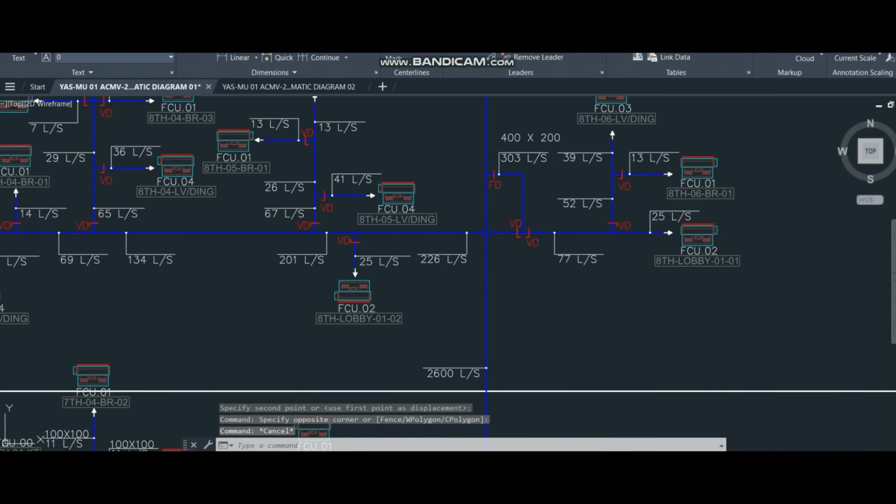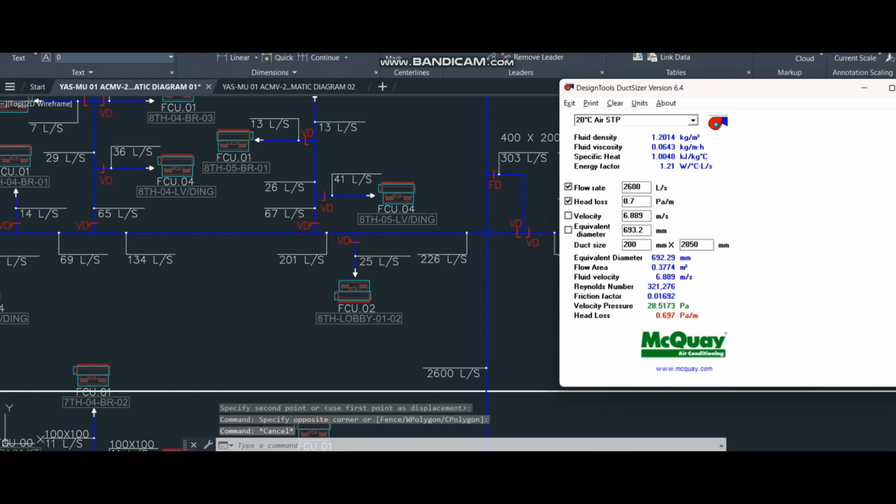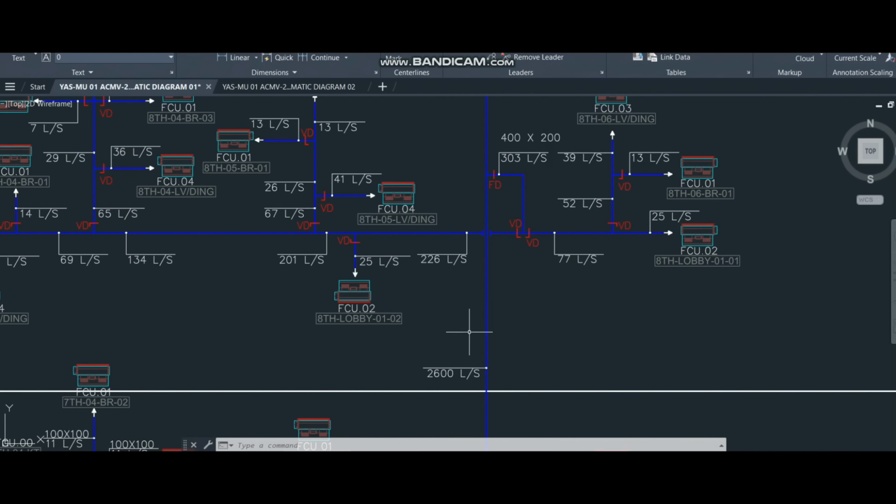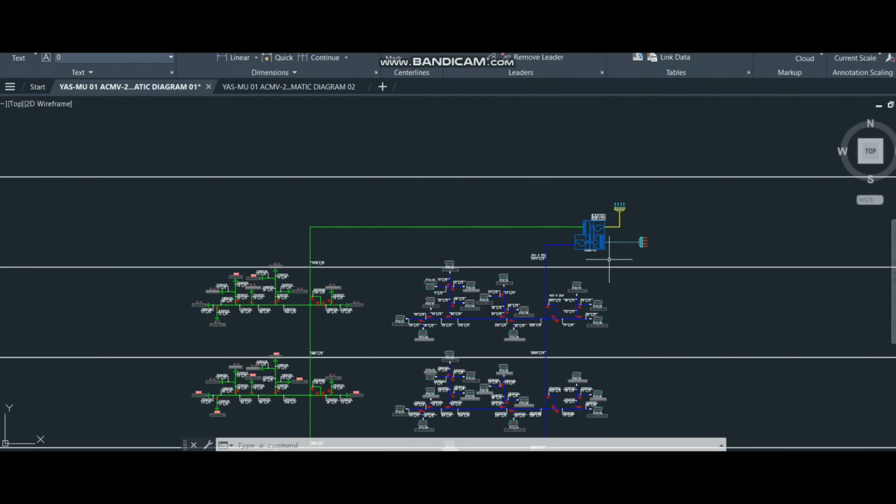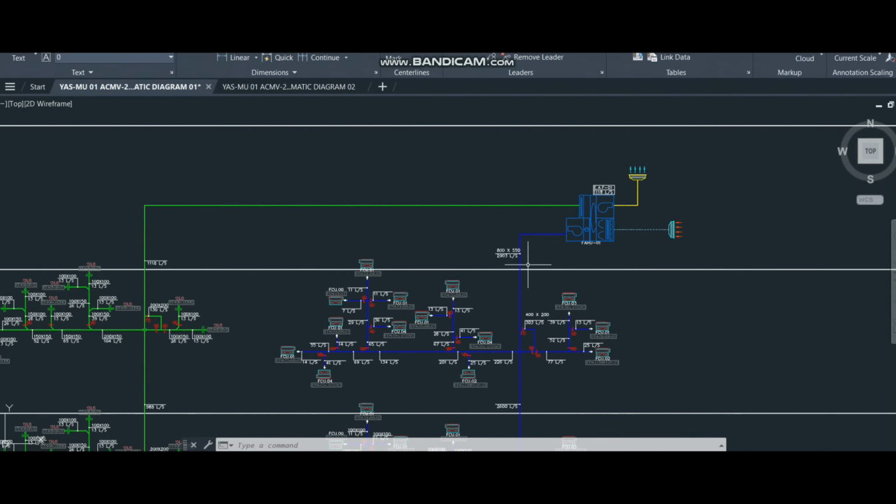If you follow 0.9 Pascal here, you can adjust the duct size. For example, 400 by 950, or 800 by 500, so different duct sizes you can arrange. So this is how we do the duct design for the FAHU, considering the roof and riser with one velocity and one friction loss, and inside of the duct another friction loss.